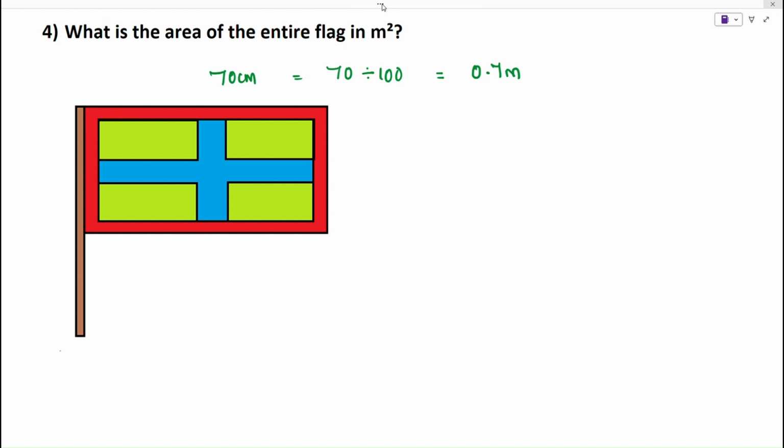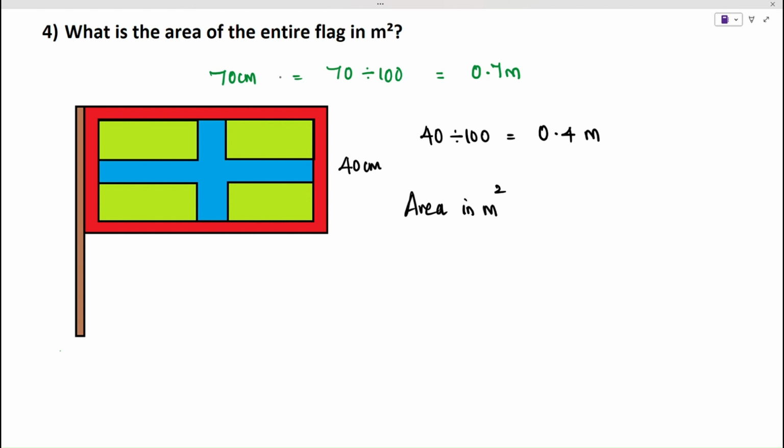Now we have our width as 40 centimeters, and if we do 40 divided by 100, we get 0.4 meters. Now we have to multiply these two lengths together to get the area of our entire flag in meters squared.